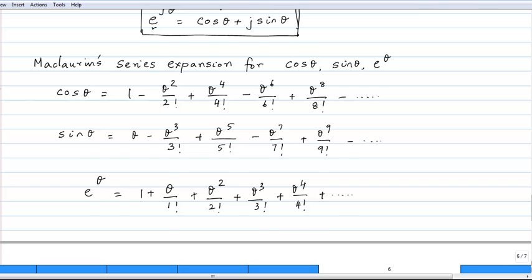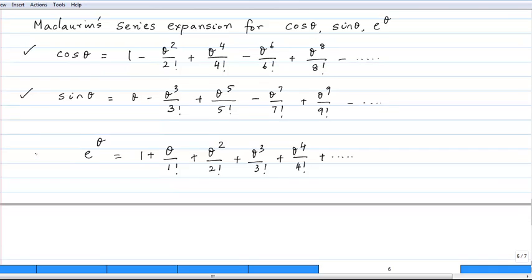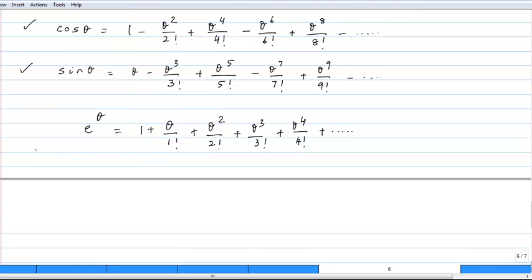Now, given these series expansions, it's relatively straightforward to verify Euler's identity. For example, if we take the expression for cosine theta and the expression for sine theta, multiply that by j, and then add them up together, notice what we are going to get. So let's look at cosine theta plus j times sine theta.